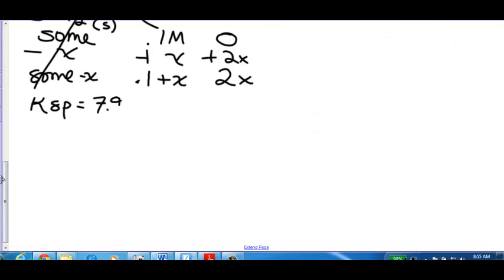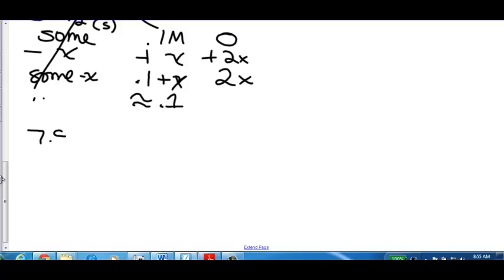7.9 times 10 to the negative 10th, that's super small, right? So since we have an initial concentration, we're going to assume the x to be negligible here. So we're going to say that this is about 0.1.